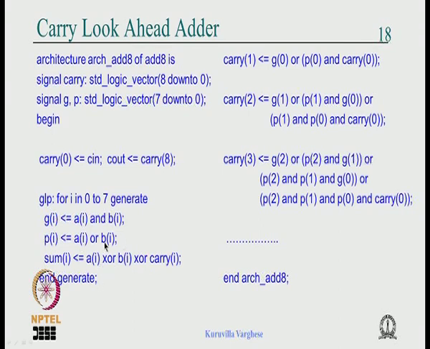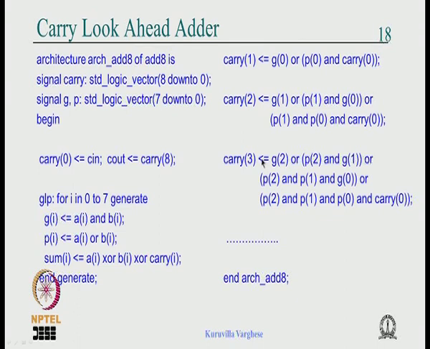Only thing is that the second stage uses not only G1 but G0 also, but it does not matter, we can generate it in parallel in a loop. This is the loop label. For I in 0 to 7 generate, G of I is AI and BI, P of I is AI or BI, and sum of I is AI XOR BI XOR carry I.